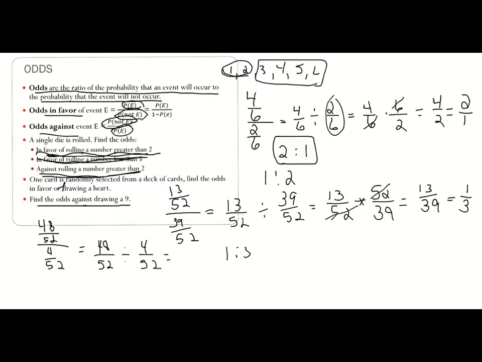So we're going to do 48/52 times 52/4. My 52s will cancel. We end up with 48/4, which simplifies to 12/1, or a 12-to-1 odds against drawing a 9.